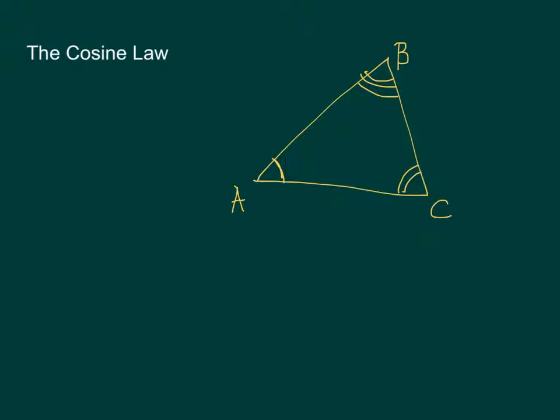For example, if I have to name A using three letters, that means it's angle BAC or angle CAB. But for now, whenever I say angle B, I'm referring to this angle, just to make it easier for us to understand.